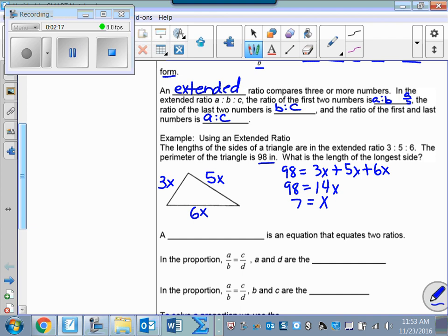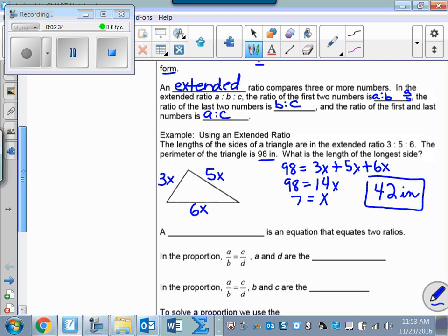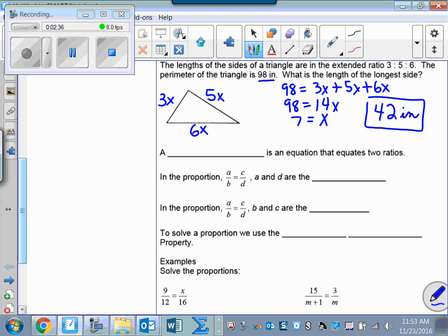All right, so the question is, what is the length of the longest side? Well, the longest side is going to be 6 times x, so 6x is going to be 42, and we do have inches. Got to be careful to get your units in there. All right. That's how you work a problem using an extended ratio.